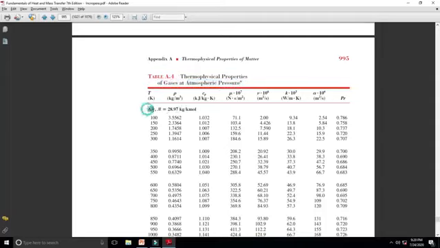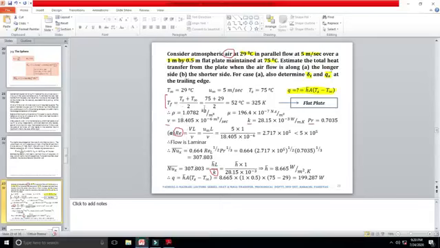So it starts with air. So over here in the first column we have got the temperature in Kelvin, and then we have got the density in kilograms per cubic meter, then Cp, mu, viscosity, k, alpha, Prandtl number. So over here the temperature that we have is, the film temperature that we have is 325 Kelvin.